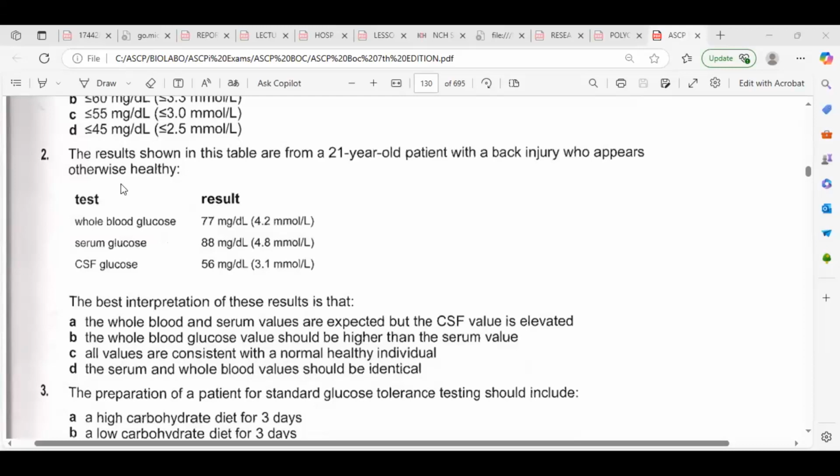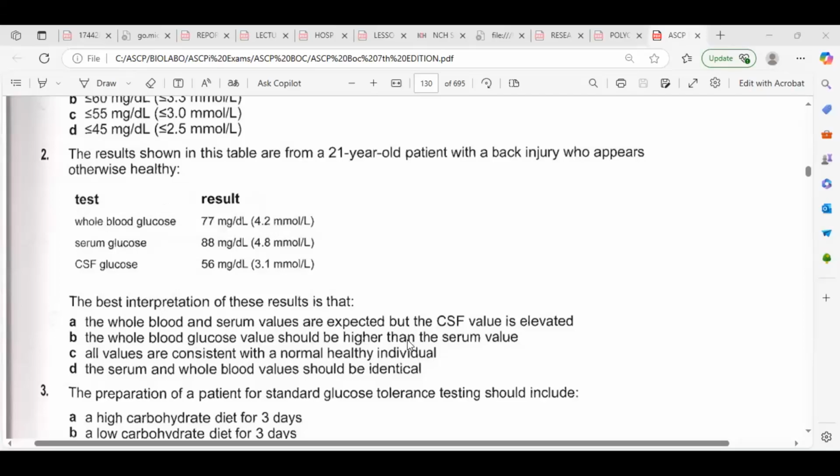This person has a back injury, but appears otherwise healthy. What I want to mention is what they want you to know here, because the question is very straightforward and very simple.